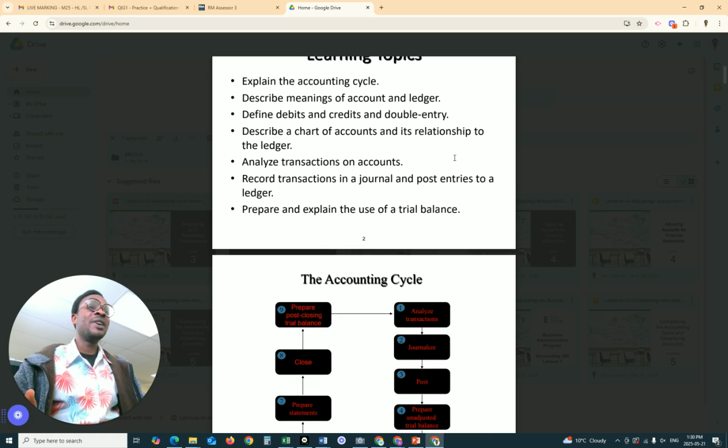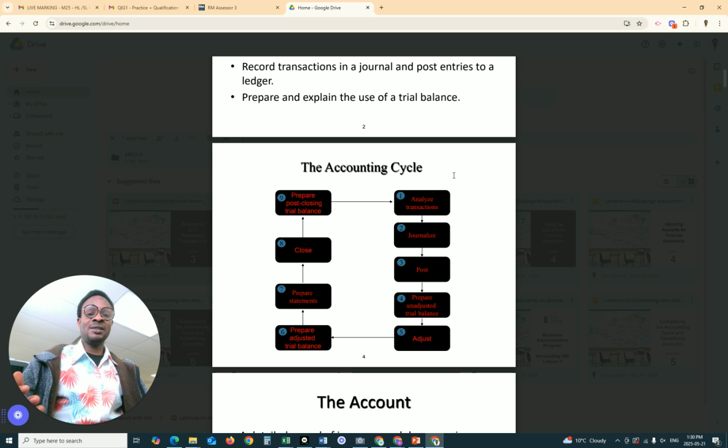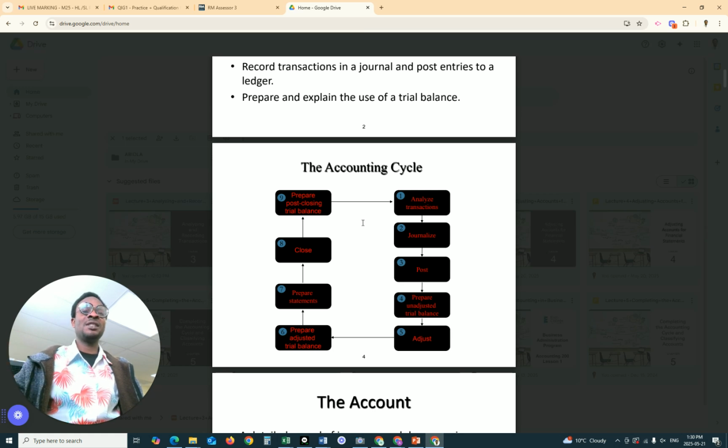So let's go. The accounting cycle. Cycle, as the name denotes, is starting a process from a point and it completes at another point. So the accounting cycle takes note of the procedural steps transactions take from the analysis of it till posting of the final accounts.